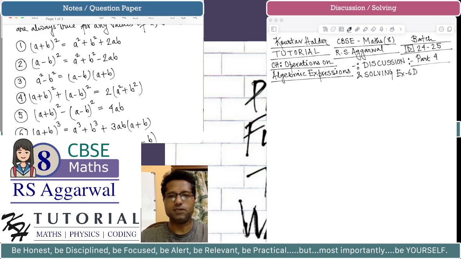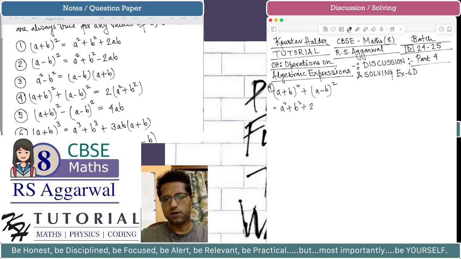Now you can check all the identities yourself. Like this is number 4: (a + b) whole square plus (a - b) whole square. Applying the identities, (a + b) whole square is a square plus b square plus twice ab, and (a - b) whole square is a square plus b square minus twice ab.